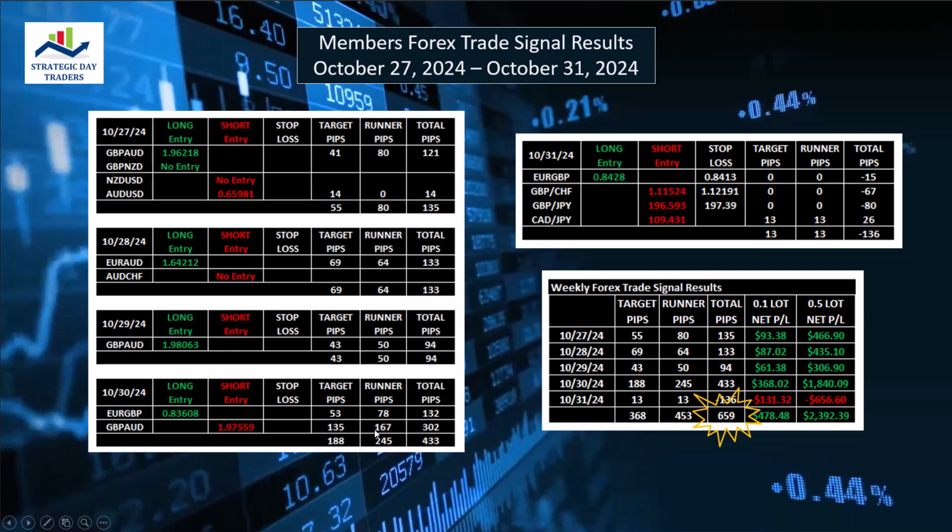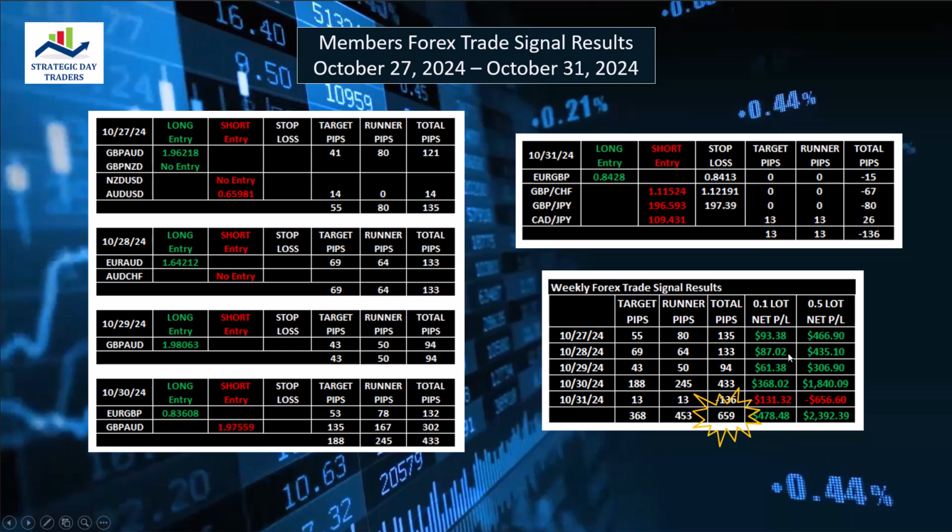For example, we had a 300 pip trade right here with the pound Australian dollar. But we had a couple of days that we had some losers as well. Excuse me, just one day. On Friday, after that unexpected jobs report coming into the end of the week, we did have an overall losing day. But if you add all the 5 days up of signals, we still had a net positive number of pips of almost 700 pips.